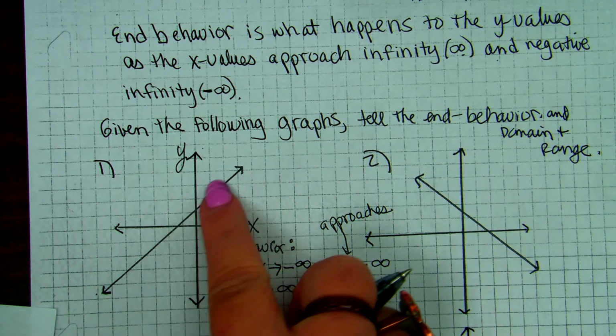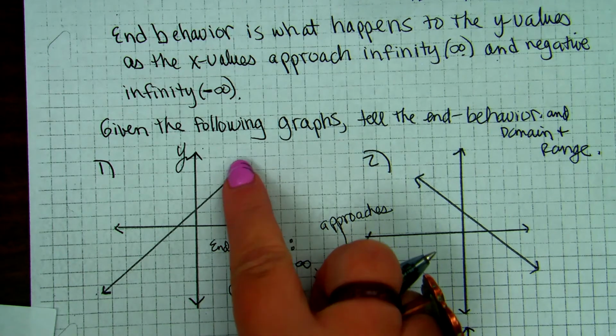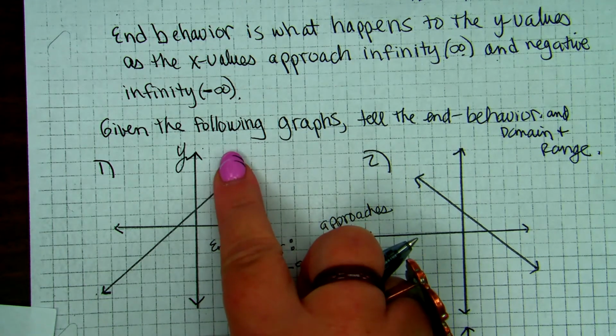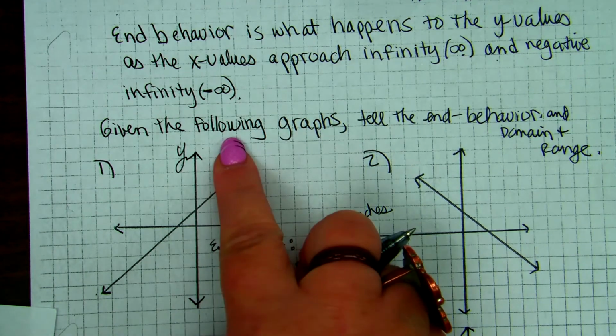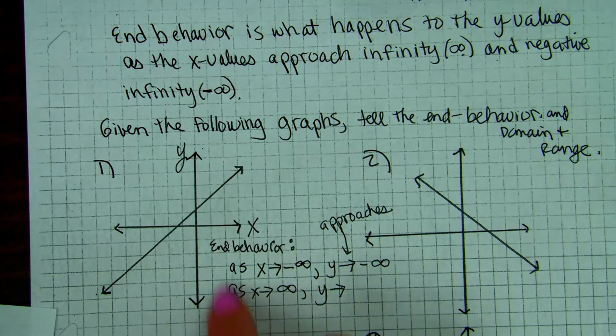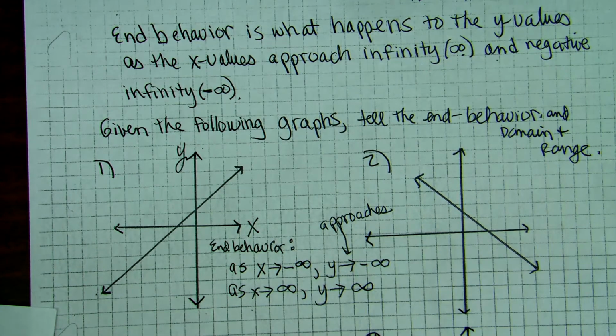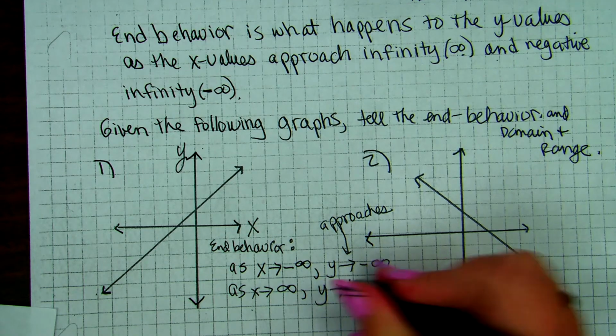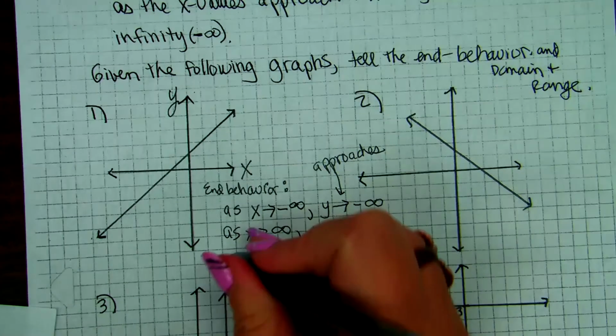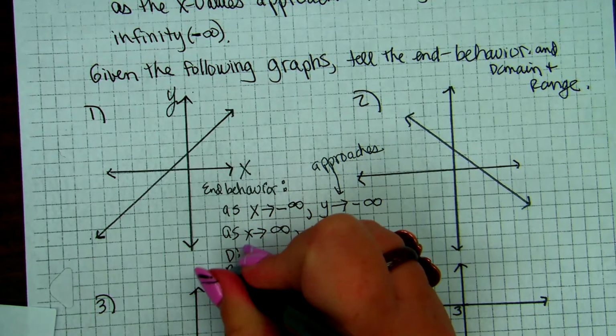As we're going to the right, are we going up to positive infinity or down to negative infinity? We're going up, positive infinity. You can write a plus if you want, or you can leave it off. It's up to you.